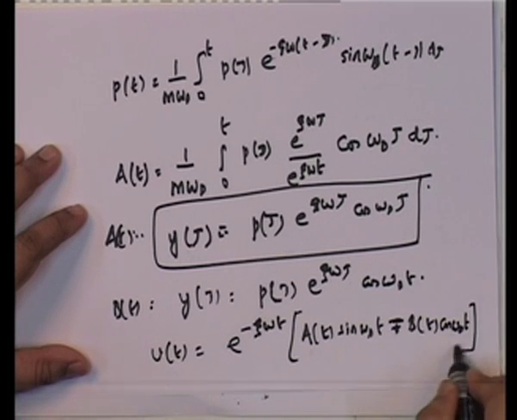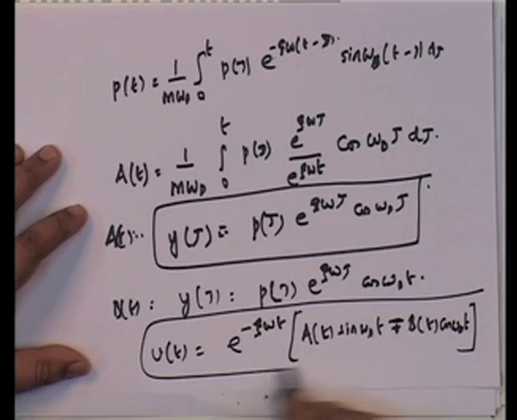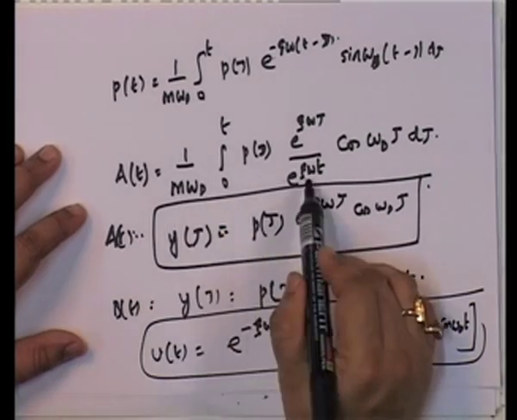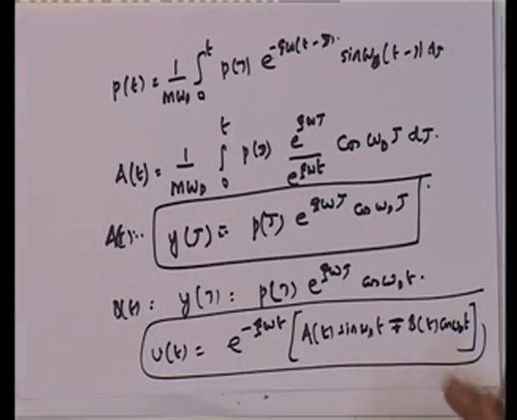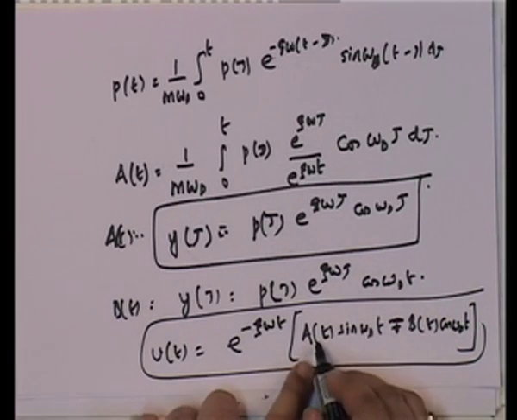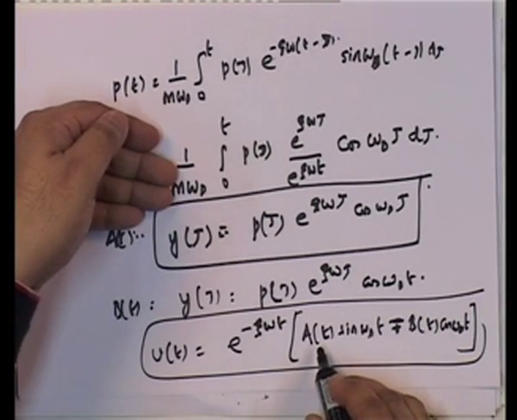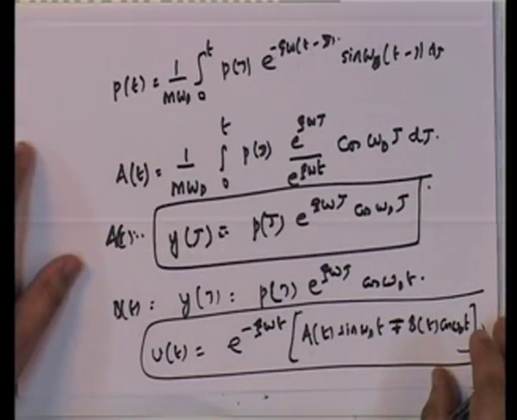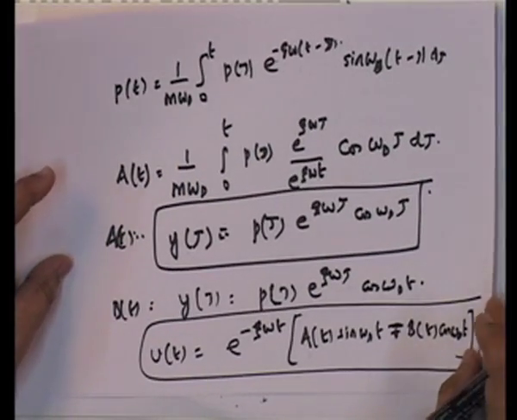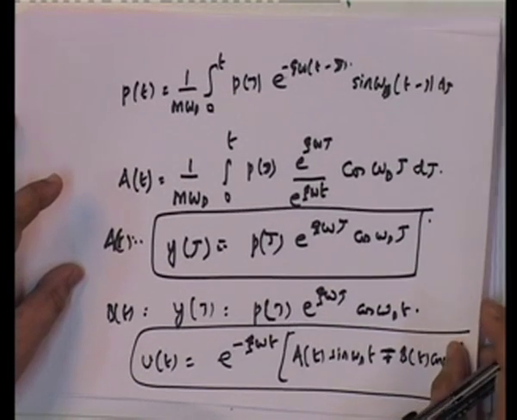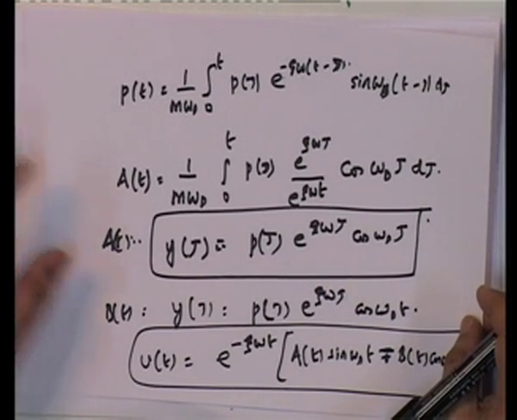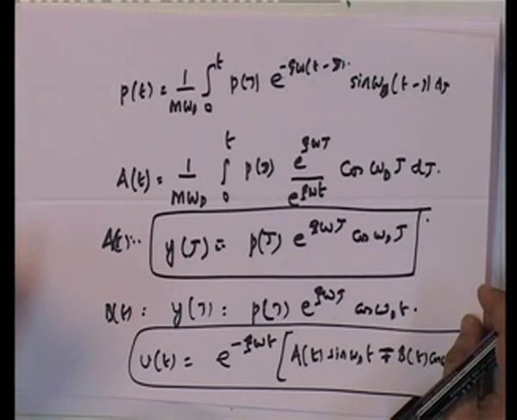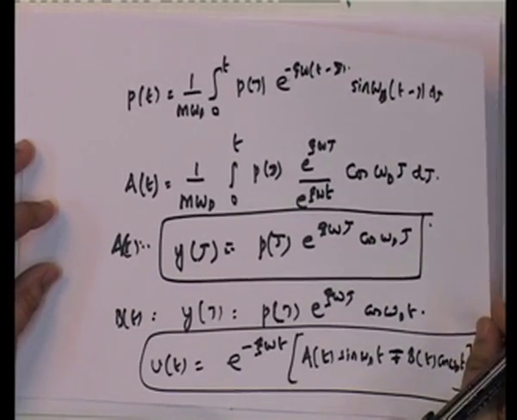The e to the power of minus xi omega t goes outside, and then A of t basically becomes 1 upon m omega d into the integral of p tau e to the power of xi omega tau cosine omega d tau. So, that is a simple one. And this of course you can always derive using any of the rules that we have already talked about. So much for this.